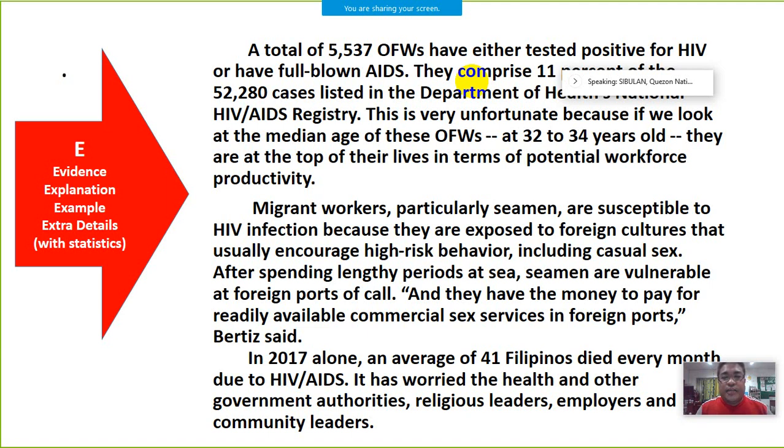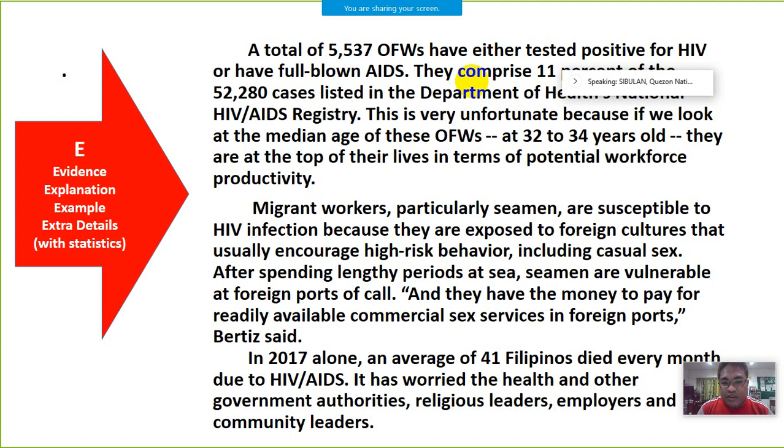So the first argument is delivered using statistics, stating that there's 5,537 positive for HIV among the OFWs, which is exactly 11% of the total 52,280 cases in the National HIV Registry. Then when we present statistics, at least we have to explain its significance.